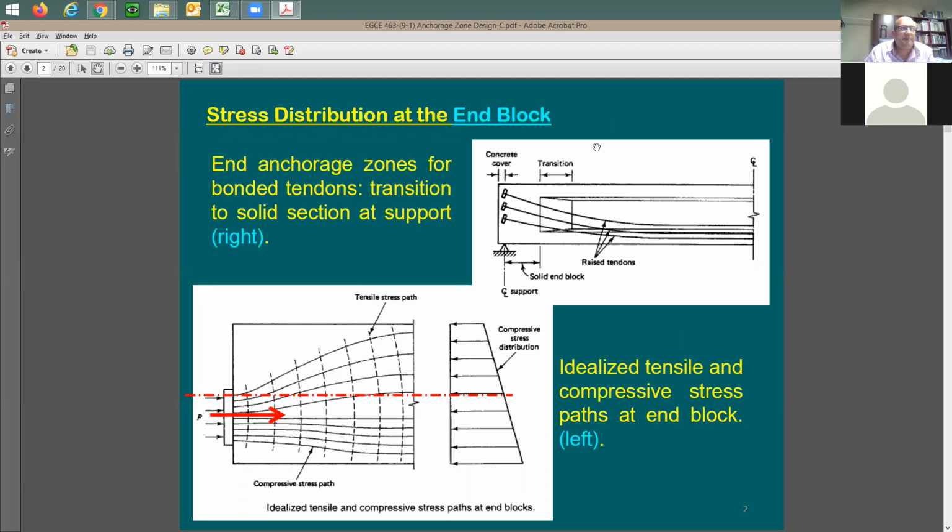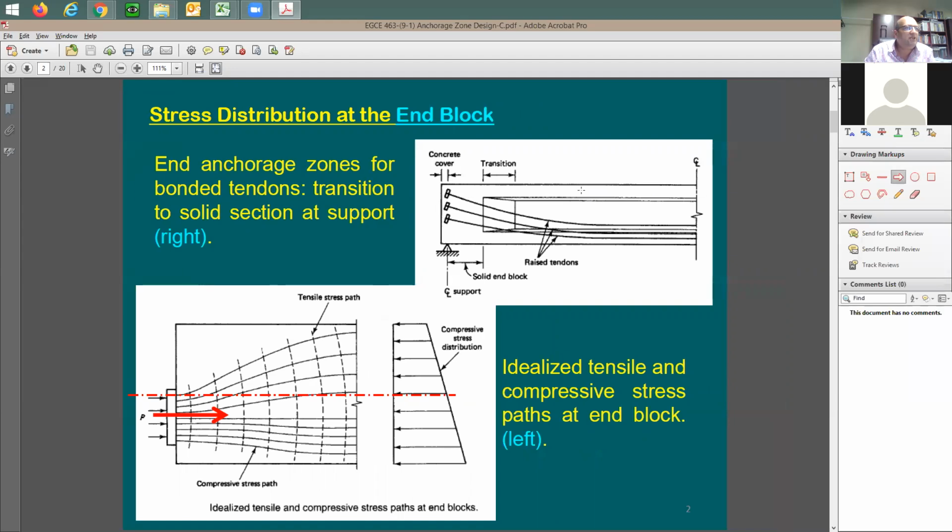So first, let's talk about what happened at the end block, or this anchorage zone, if you like to call it this way, and what type of stresses we are talking about. So just speaking, here is a pre-stressed beam. It doesn't matter whether it's going to be a pre-tension or post-tension, but we have the cables, they're going to be draped, and then at a certain point, we're going to provide the anchorage right here.